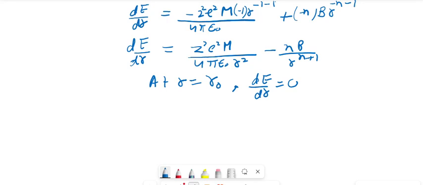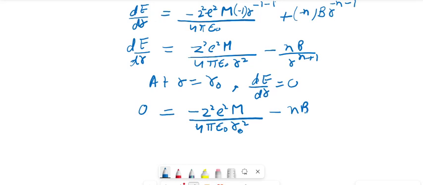Now putting these values in the above equation, what we get? 0 is equal to minus Z square e square M divided by 4 pi epsilon naught R naught square minus nB R naught to the power n plus 1.